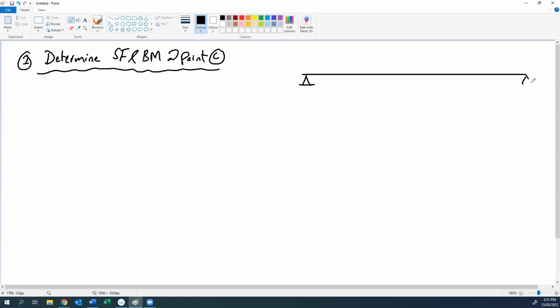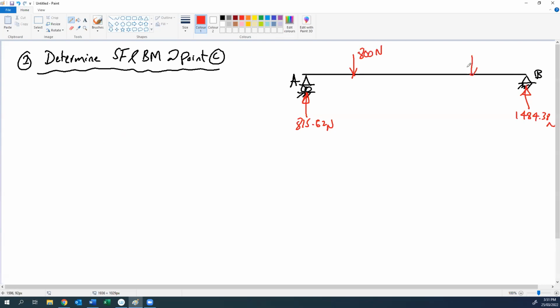This is our beam again. Roller support at A, this is B, hinge support. The reaction here is 815.62 newton. The reaction here is 1484.38 newton. We have two forces. One here is 800 newton.